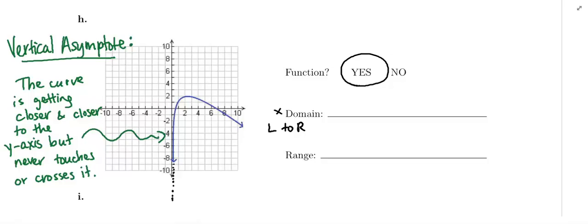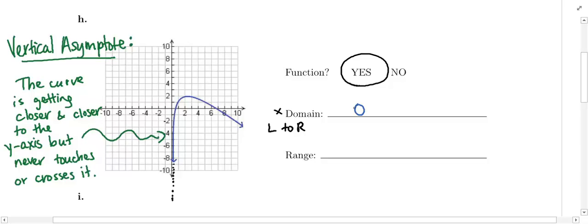You might think, oh, well, my leftmost x value is 0.001. Well, you can get even closer to the y-axis. So maybe your leftmost x value is 0.00001. But then you can get even closer, 0.000000001. So what we do in this situation, since we can't pinpoint the exact leftmost x value, is say it's 0.